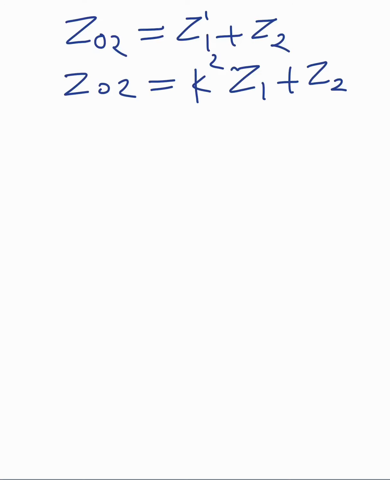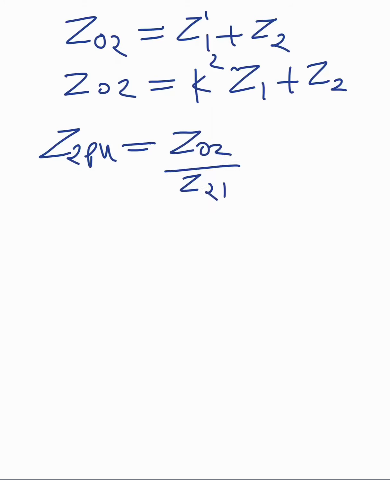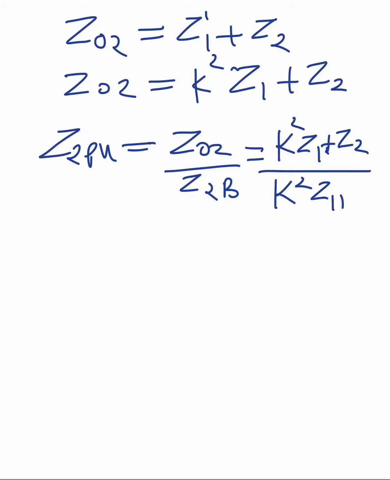So per unit impedance referred to secondary, Z2 per unit is equal to Z02 upon Z2B, and Z02 is equal to K square Z1 plus Z2 upon K square Z1B.